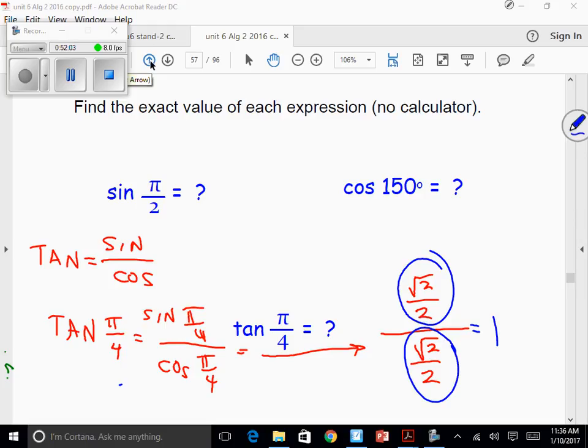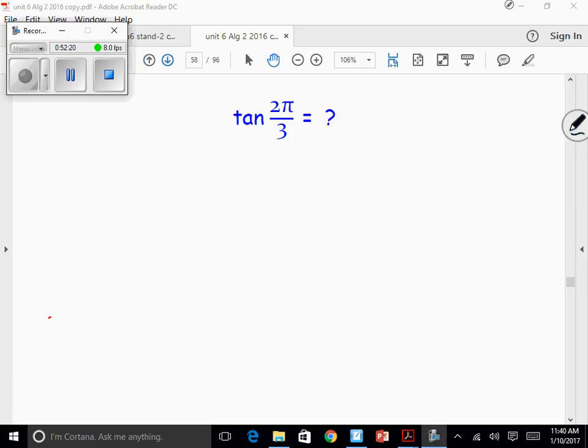Tan of 2 pi over 3. First, I'm going to write it with degrees off of the yellow paper. What degree is 2 pi over 3 on the yellow page? 2 pi over 3 is 120.